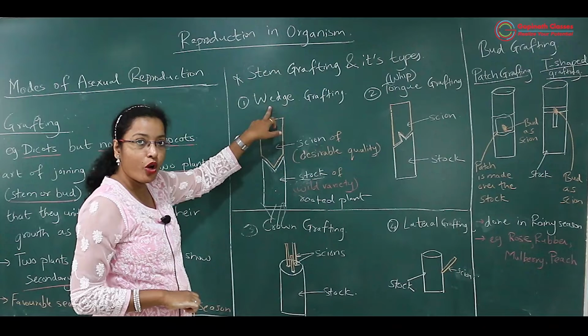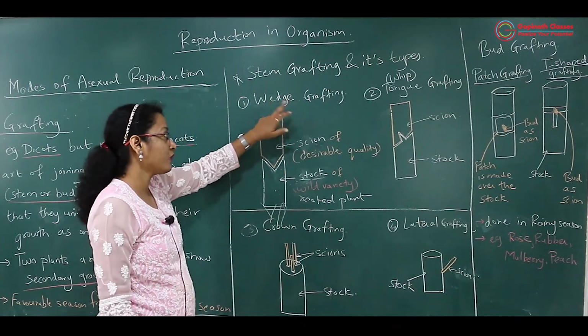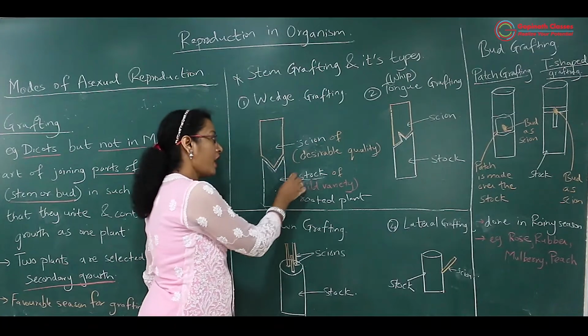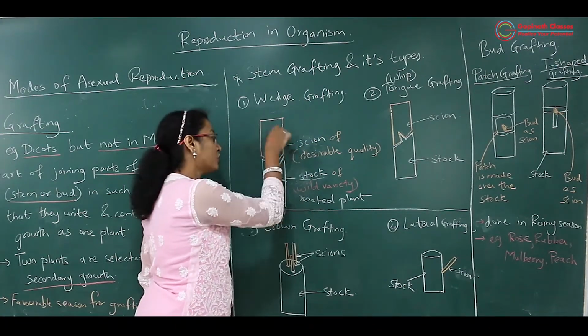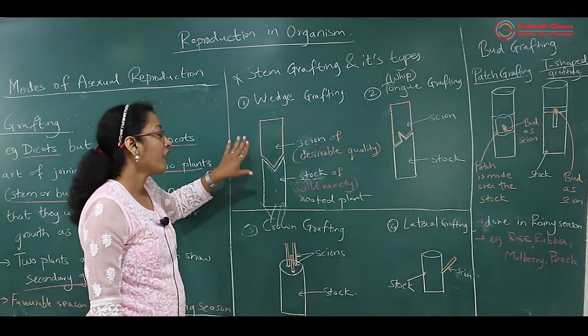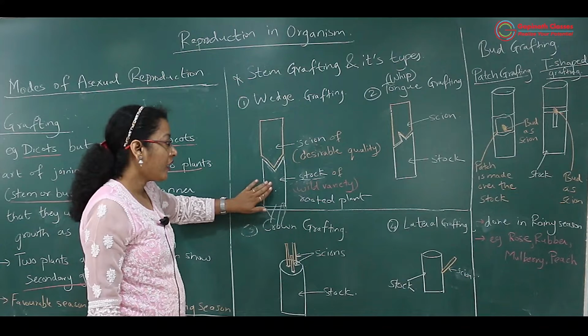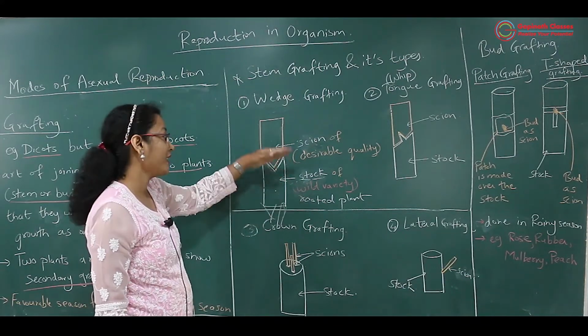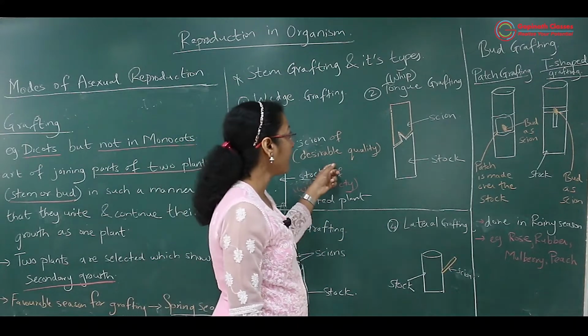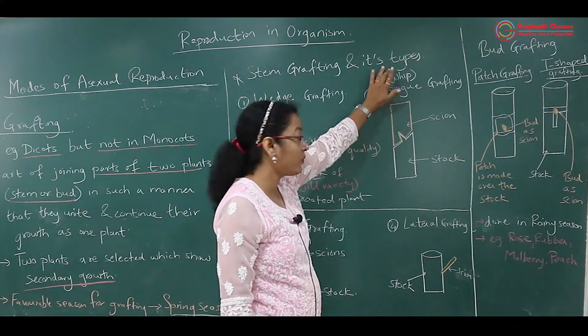So this is one form of grafting, that is wedge grafting, wherein a V-shaped notch is made over the stalk and the scion is wedge shaped, which will fit properly over the stalk. So in this particular grafting, the diameter of the stalk as well as the scion is altogether the same.